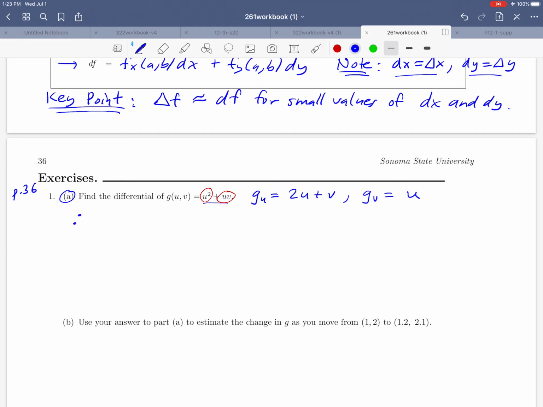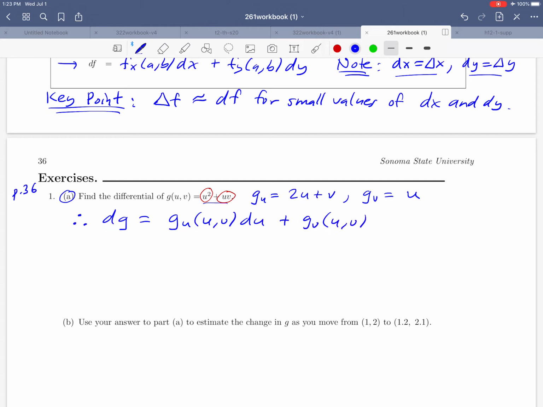So what that means is that we're ready to write down the formula for dg, the differential. If we write out that formula, it looks like the partial derivative with respect to u times du plus the partial derivative with respect to v times dv. So all that's left to do is to fill in the two derivatives that we calculated.